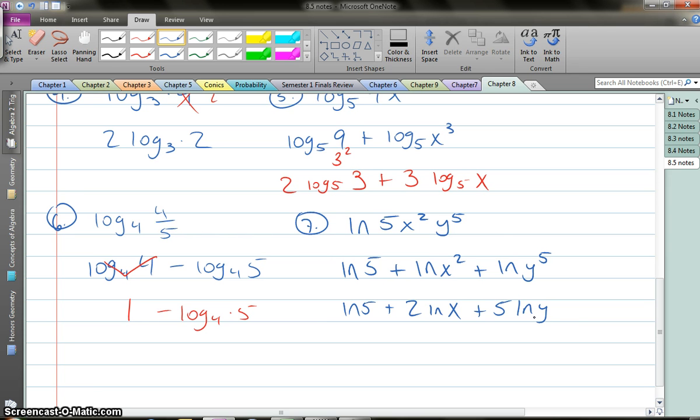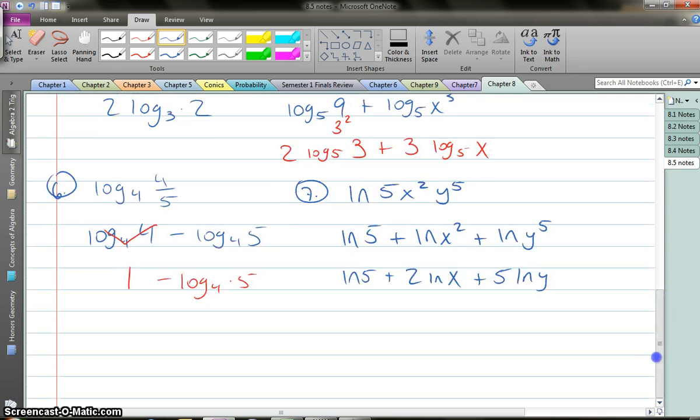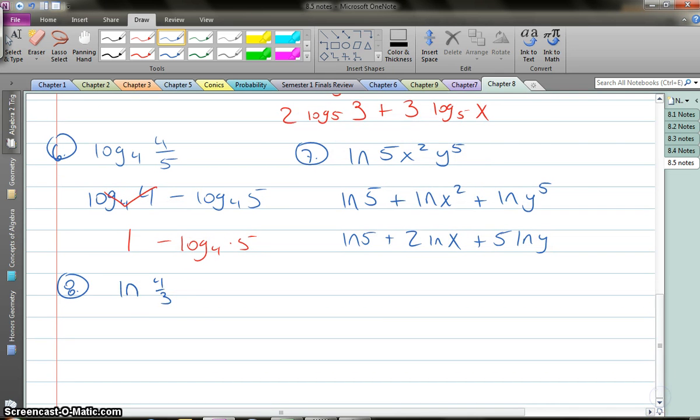Okay, one more, then I'm done. Number 8: 2 times natural log of 4/3 times x squared times y. We've got a lot going on here. The first one's division, so I have natural log of 4 minus natural log of 3.